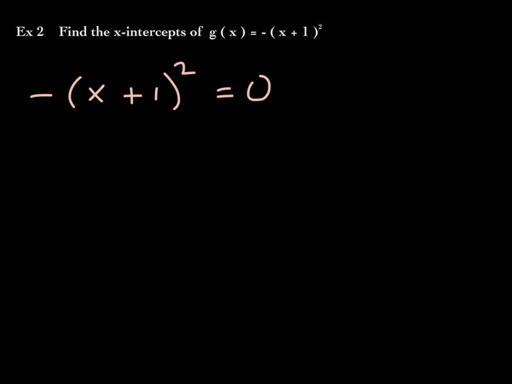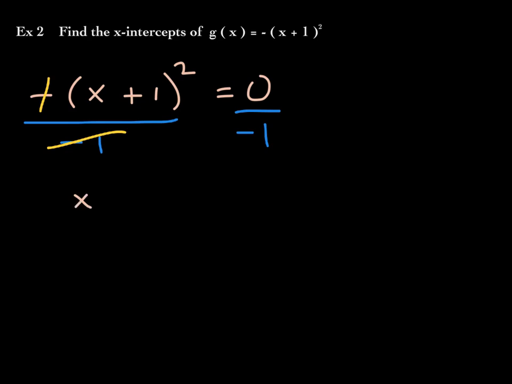What is incorrect is to distribute this negative inside of this squared expression. That you cannot do. All right, so here I go. I am going to divide both sides by negative 1. What that does for me is this negative and that negative cancel out.